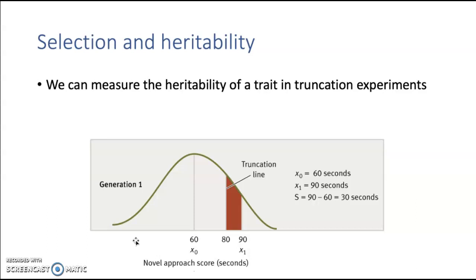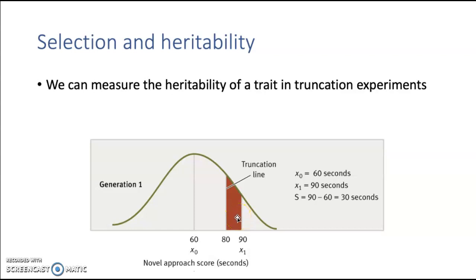So in generation one, what you see here is the distribution of approach scores across this population. If we have these individuals in captivity, we can say, all right, this is the population average. We're only going to let those individuals who have longer approach scores reproduce.